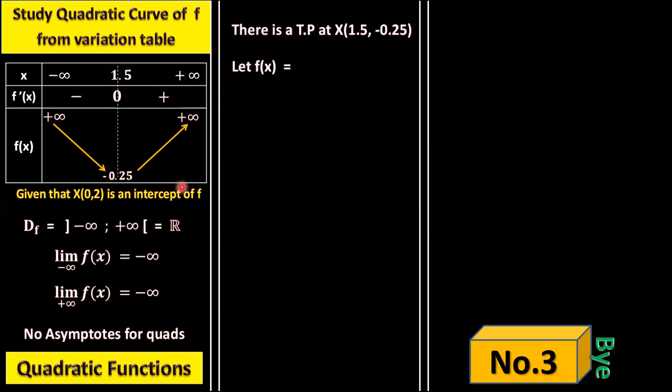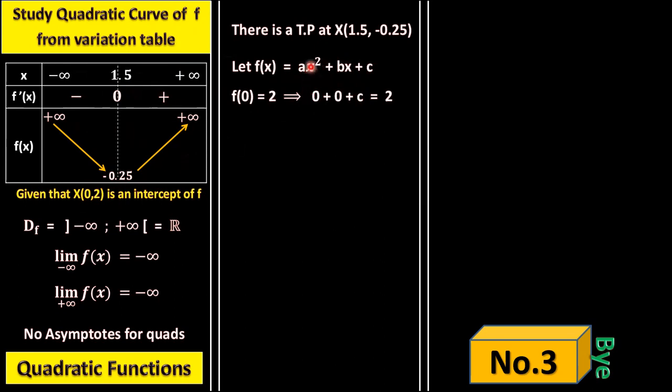Now the next thing: since it's a quadratic, let f of x be equal to the general form. We know the general form of a quadratic is ax squared plus bx plus c. From here, we want to solve for a, b, and c. We have been told that f of 0 is 2. This is an intercept. So we substitute this into the equation.